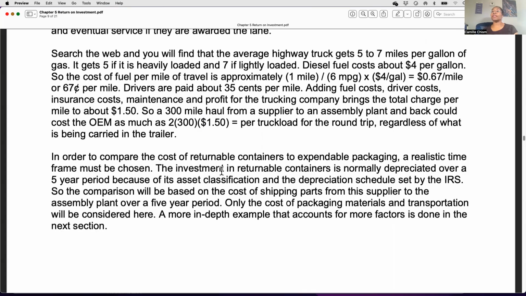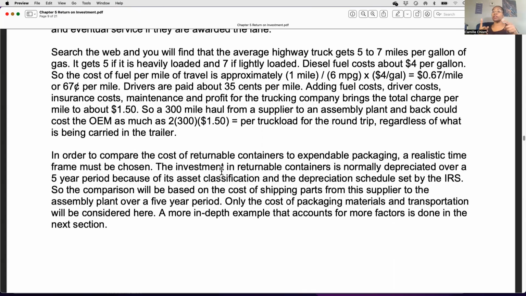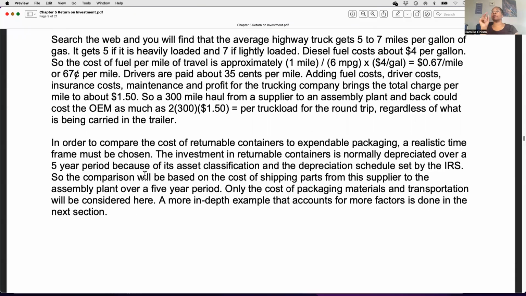I'm saying that because this is what I'm thinking about in terms of what's important when I'm doing my cost justification. I want to look at what the supply chain looks like, what those costs look like, and keep looking at those things. So you want to compare the returnable containers to the expendable containers, like I talked about.